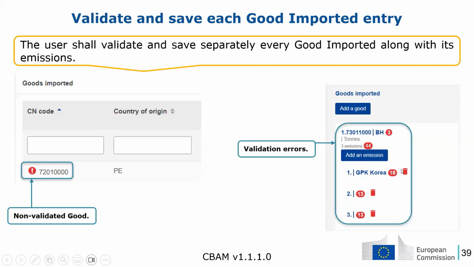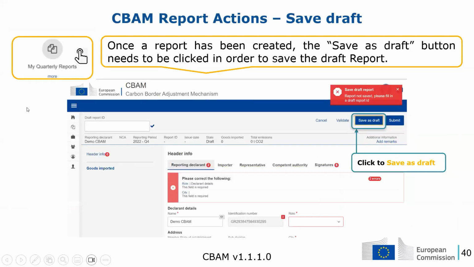If we see the details, in the first emission there are 18 validation errors, in the second 13, and in the third 13. You can always delete your emissions from here. Let's move on.